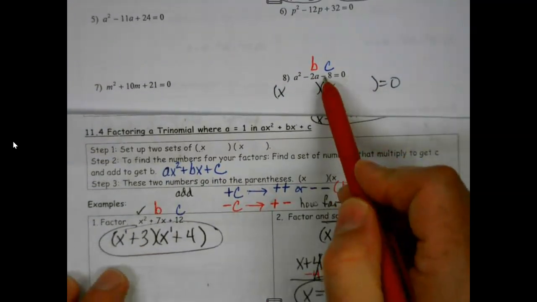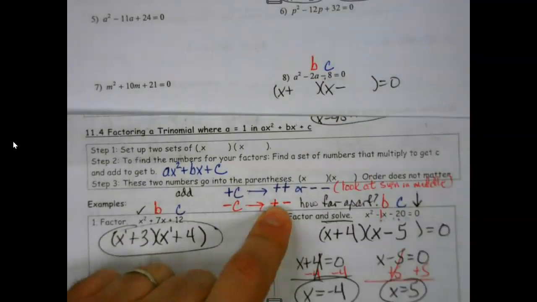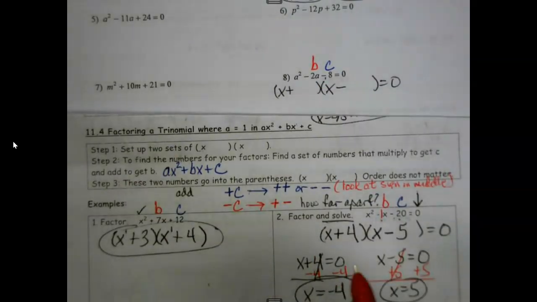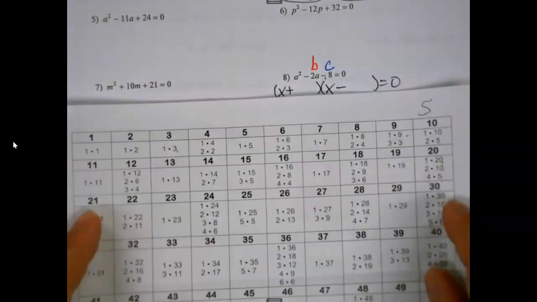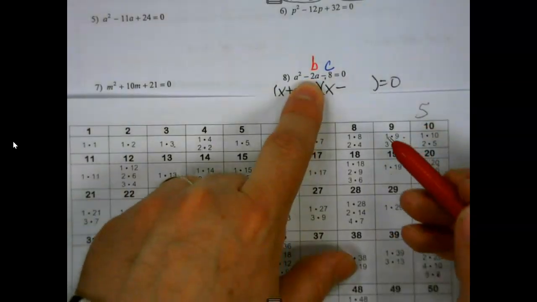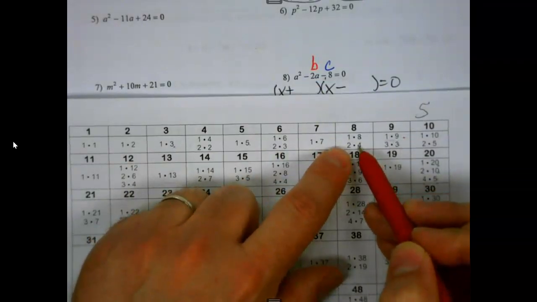C is negative. If it's negative, we got one of each sign. So I look and I'm like, okay, so 8, let's see here. I need to get to 2. I know it says -2, but if I add or subtract 1 and 8, I can't get to 2. With 2 and 4, I can.